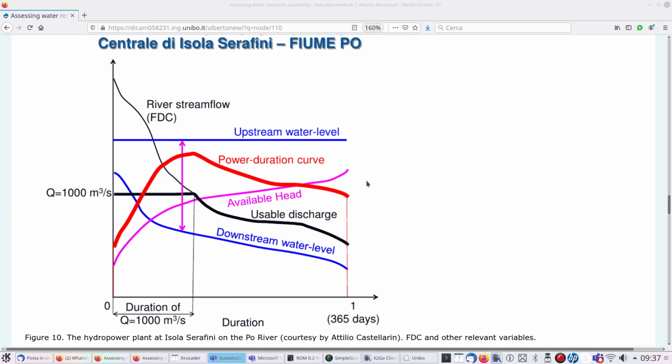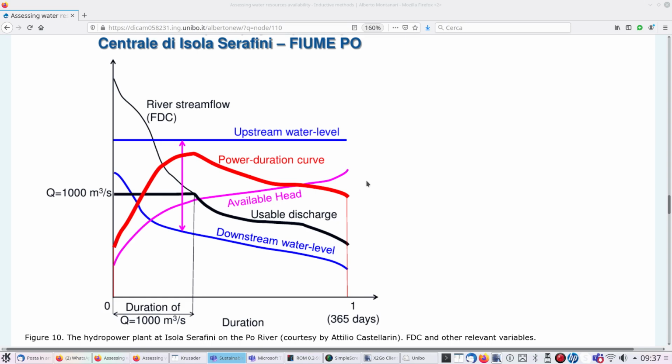Groundwater is, for the flat areas of the planet, an important water resource. And therefore, it's also important for the sustainable design of water resource systems to assess groundwater resources availability. This is a challenge. It's much more complicated to assess the availability of groundwater resources with respect to surface resources.